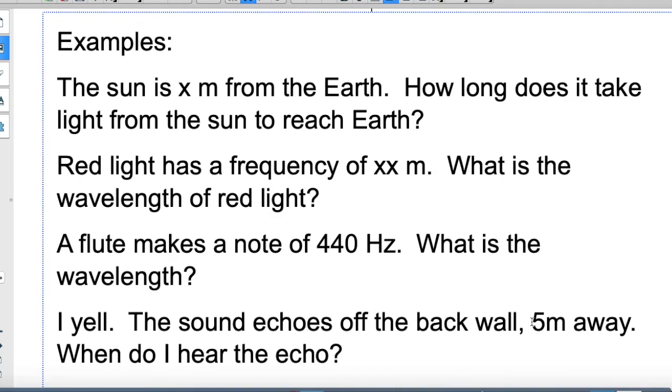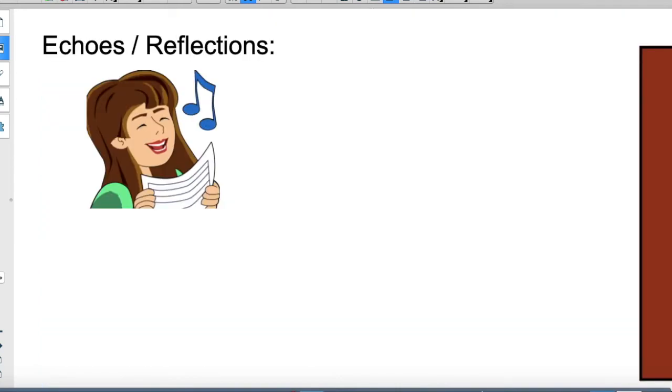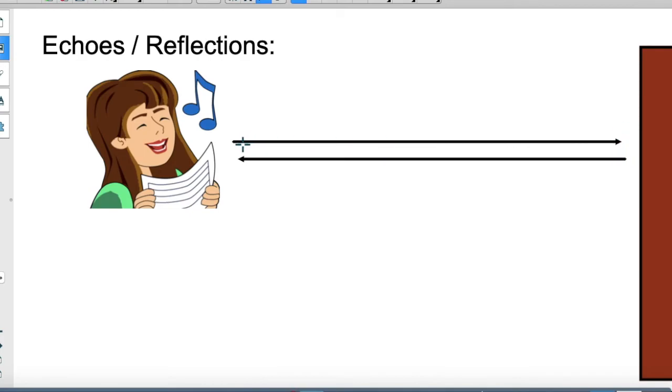We know the distance, and that's a little interesting because with echoes, or reflections if we're talking about light, the sound travels to some object and then travels back. So the total distance is twice as far as the distance to the object. If you have echoes or reflections, it's sometimes useful to draw a picture.